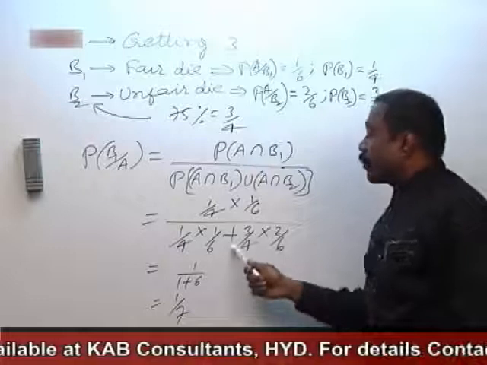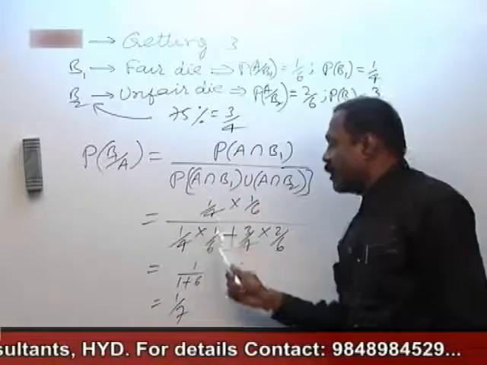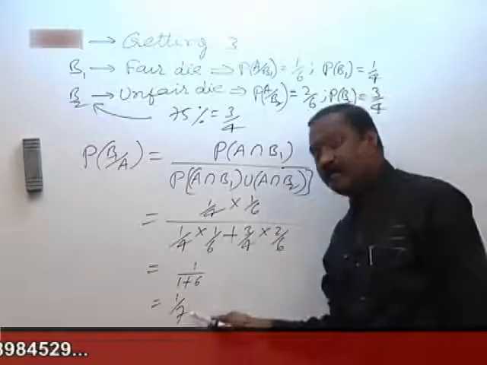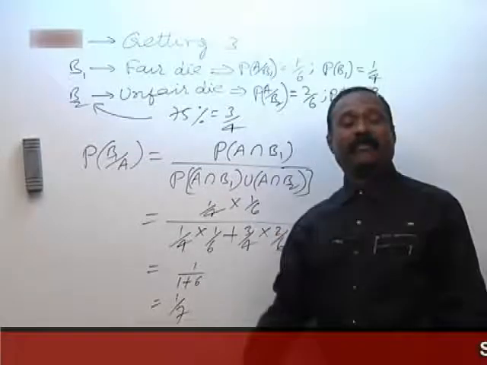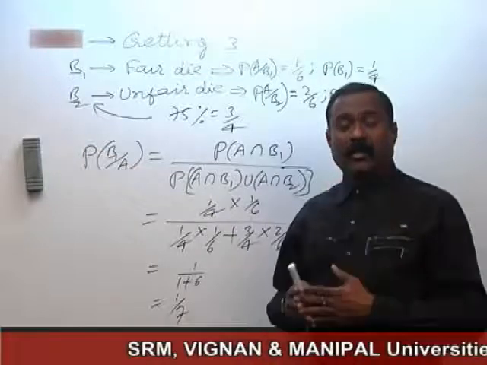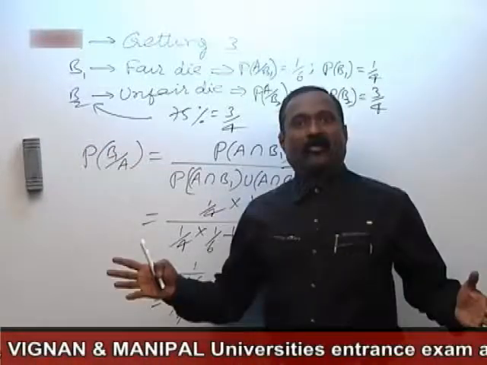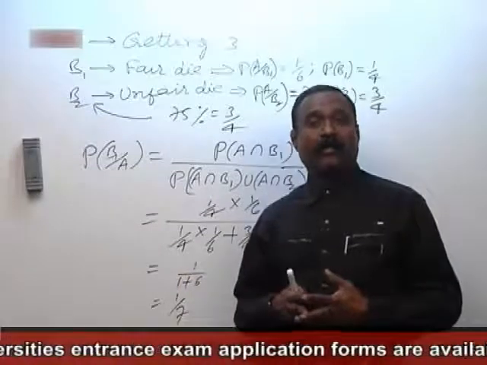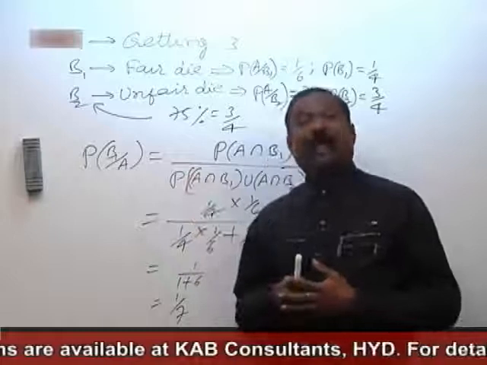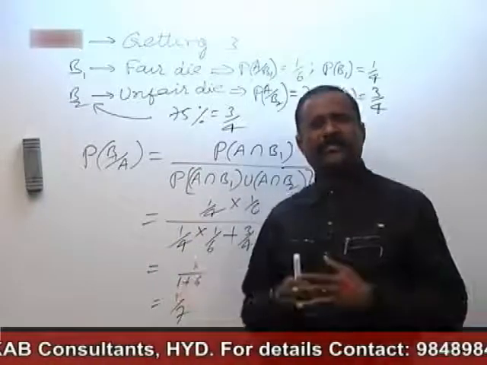What we need is that it must occur with A. That is why it is sent to the numerator: 1 by 4 into 1 by 6. Now if you simplify this, it is 1 by 7. This is nothing but the Bayes theorem. Very simple. It is important for all the boards. If you check your CBSE textbook of probability, you will have a separate exercise on Bayes theorem, which is very simple.